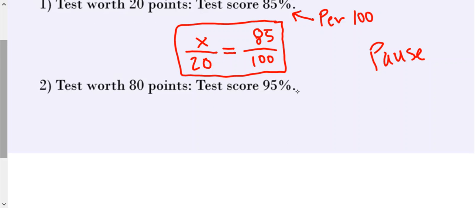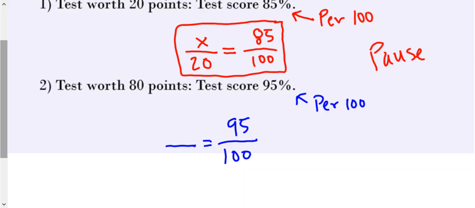Alright, so again, this percent means per 100. So 95 out of 100. Our fraction there could be 95 out of 100, and we're going to set it equal to the number of points on the test ratio.